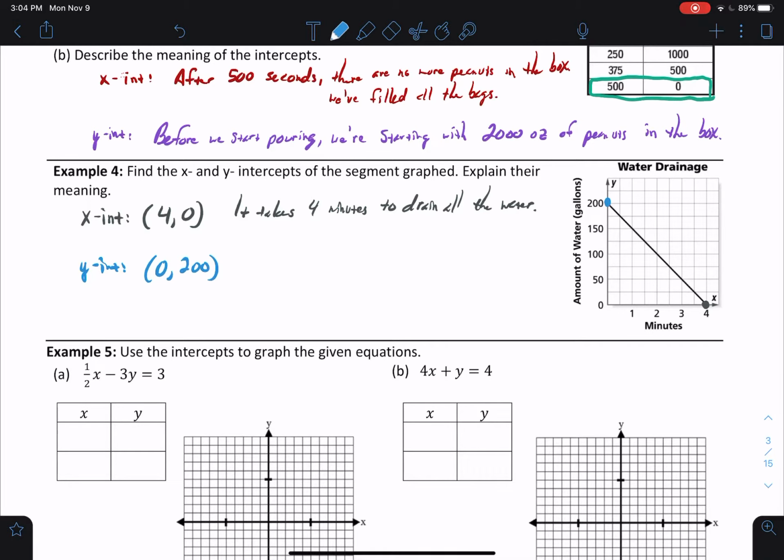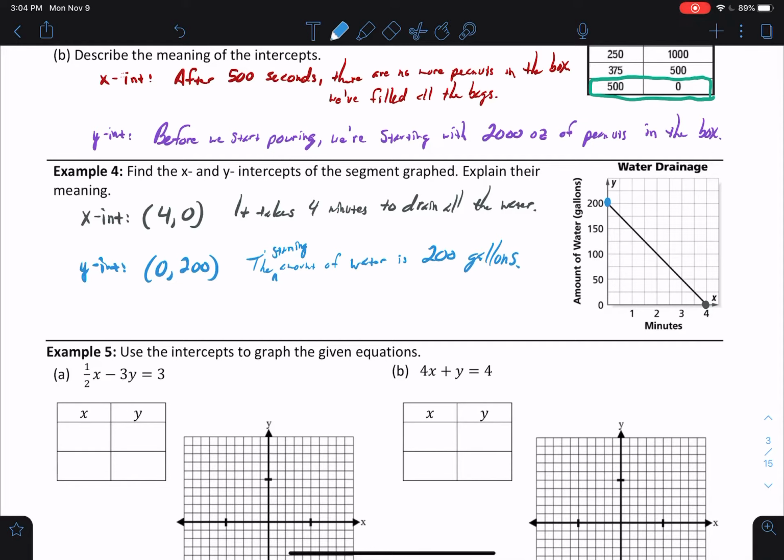So the starting amount of water is 200 gallons. So whether it's a tank or an aquarium, whatever it may be, we're starting with 200 gallons at the very beginning. That's what the y-intercept represents.